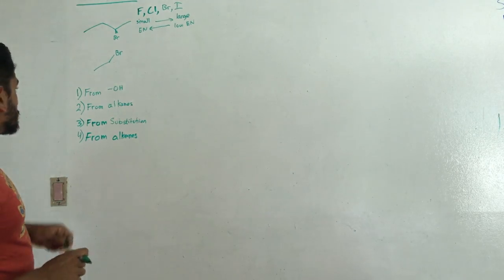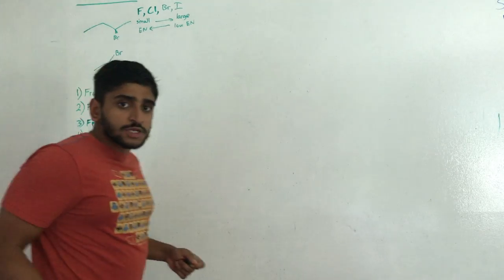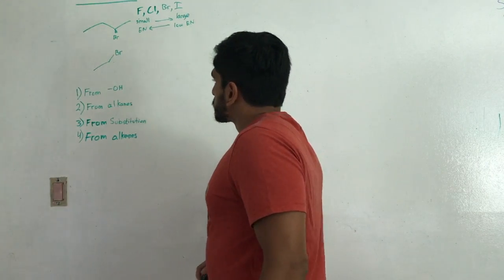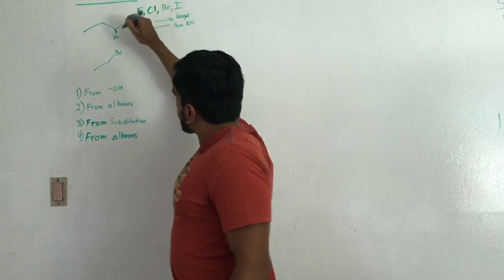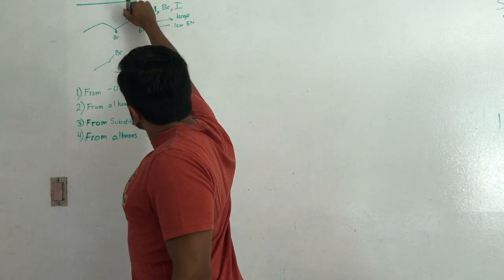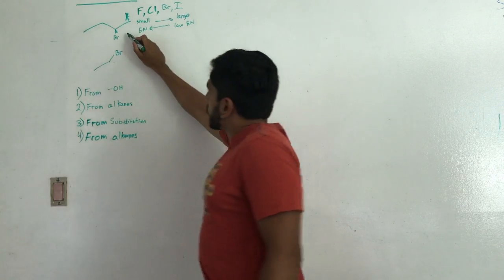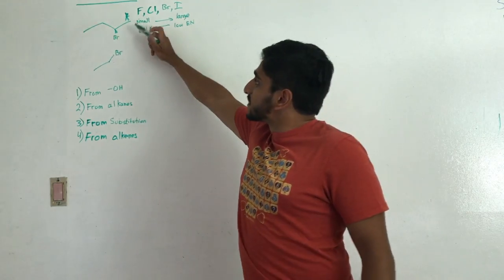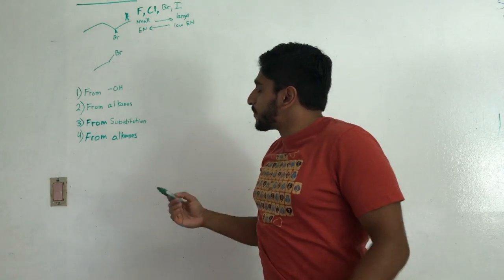So, let's just go down this list and I'll show you the electron pushing mechanisms for how each of these are made. So supposing you wanted to make, I'm going to use this haloalkane as my example for what I'm trying to synthesize as the target of each of these four.